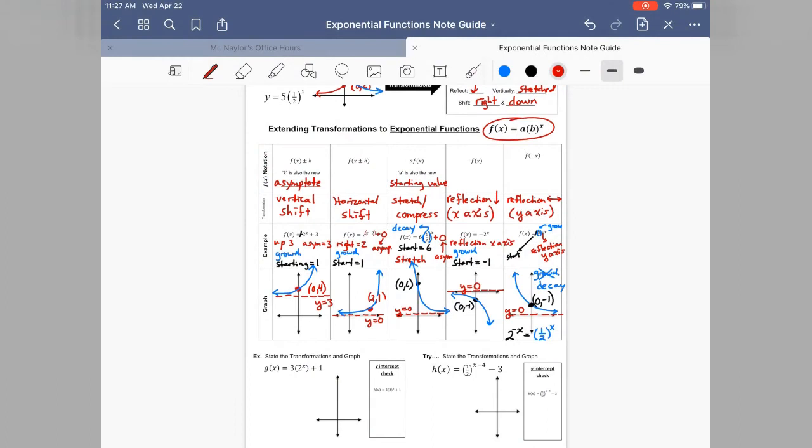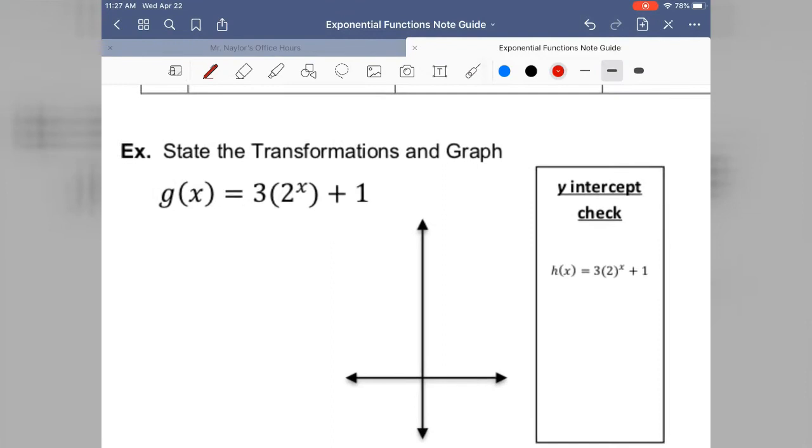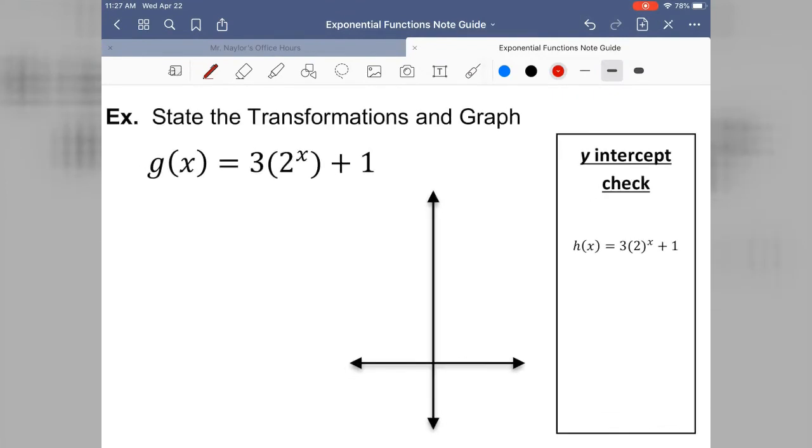Now, the whole idea is to use transformations to be able to make a nice quick sketch of this exponential equation. And honestly, you can look at these numbers in any order that you want. I tend to look at this number first, and that's going to cause me to conclude that we definitely shifted up. It also would help me to identify the asymptote. Maybe the next number you see is the base.